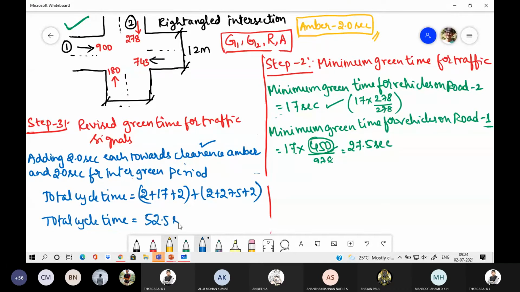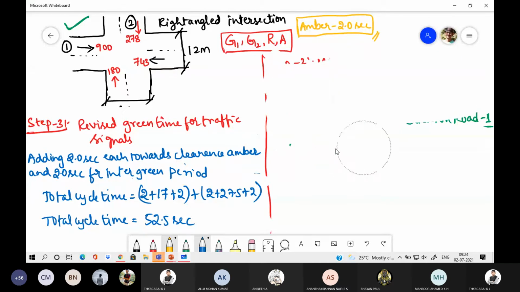Are we getting 52.5 seconds? Is this step clear or not? Yes, sir. Okay, now we'll proceed to the next step.